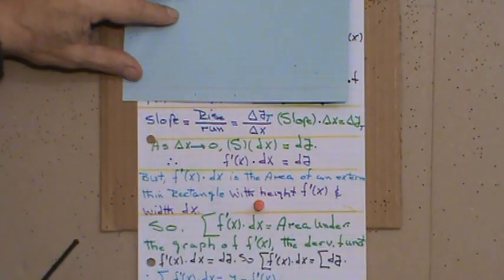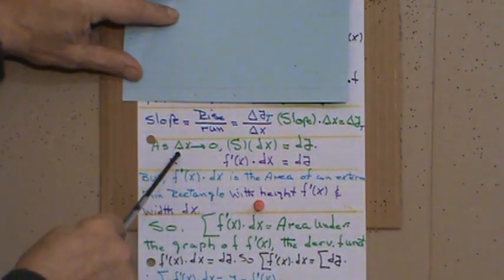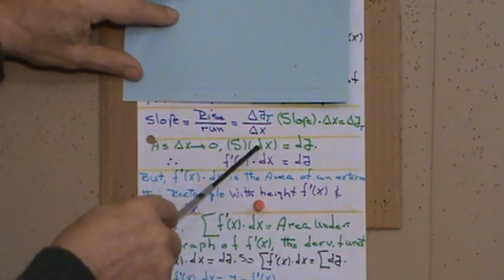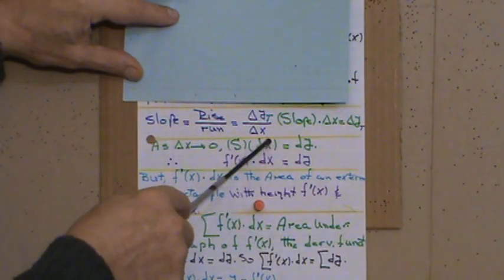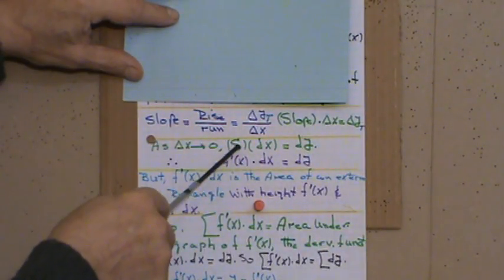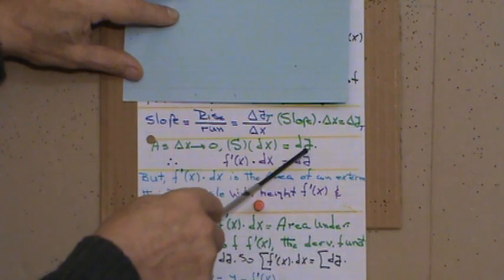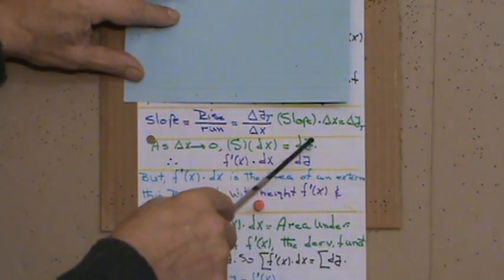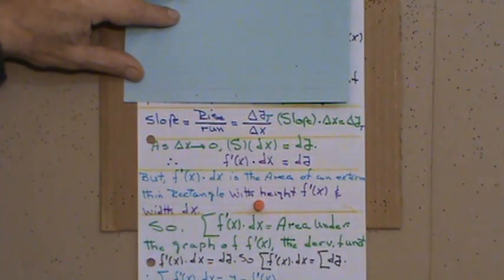Do you follow me? Now, as delta x approaches 0, then s times dx, we know what dx is, the limit of delta x as delta x approaches 0. The s times delta x will be dy, which means the limit of what? Of the rise.